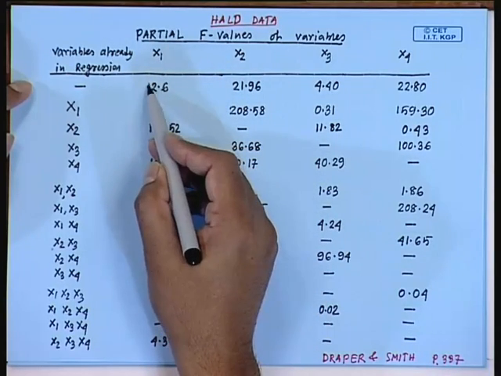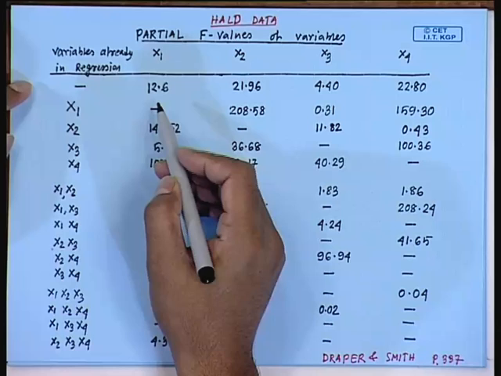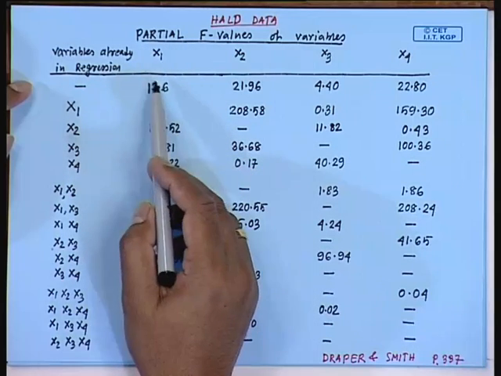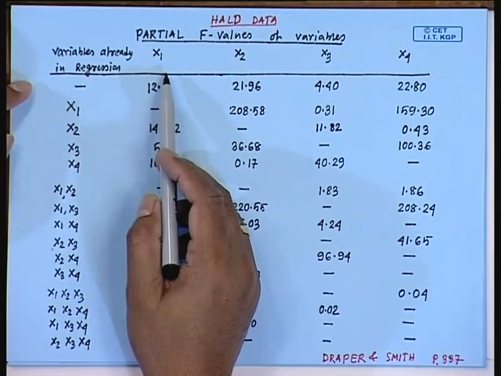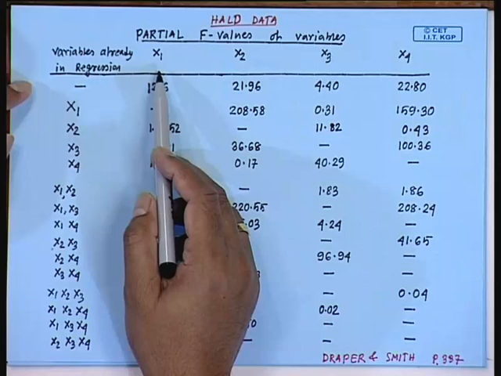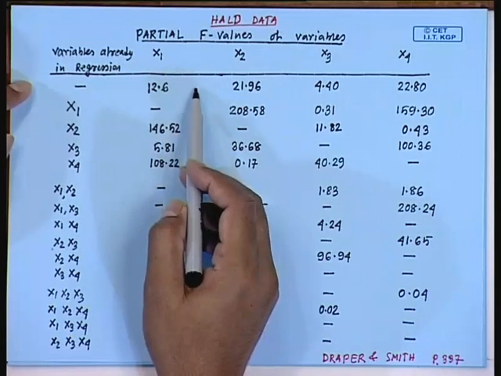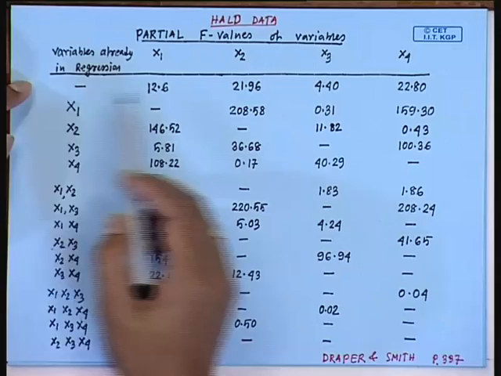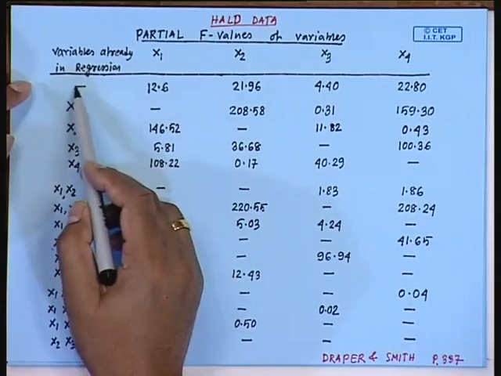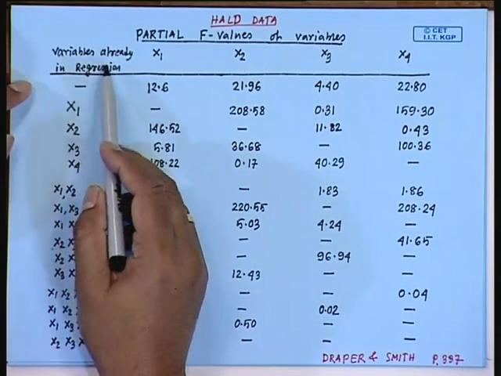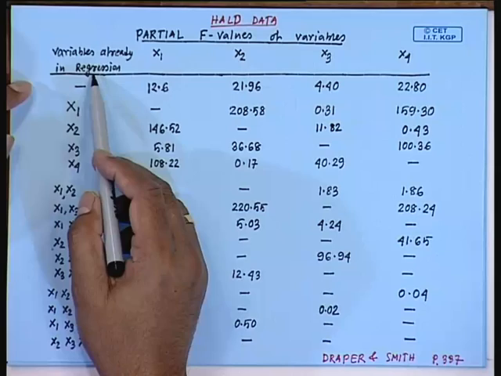So, this 12.6 is the F value for the model y equal to beta naught plus beta 1 x1 plus epsilon, and there is no other regressor already present in the model.